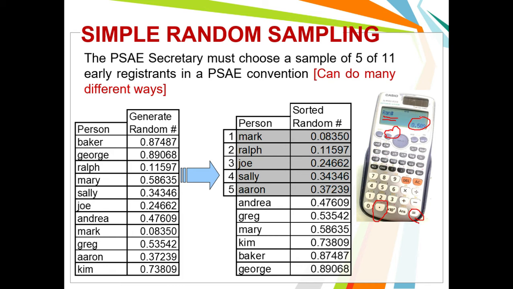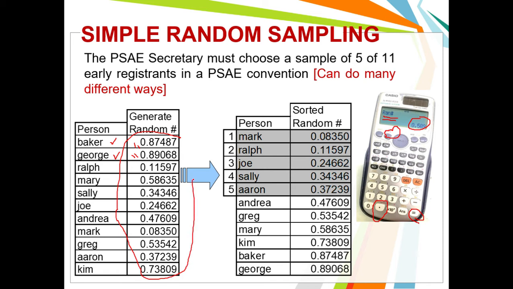Okay? So assuming dito sa ating sample, so we have 11 persons. Una-una si Baker. So by pressing the random numbers, ito yung lumabas, 0.87, 487. And then si George naman, next na pag-press ng random numbers, ito yung number niya and so on. Okay, so lahat sila may random numbers niya.